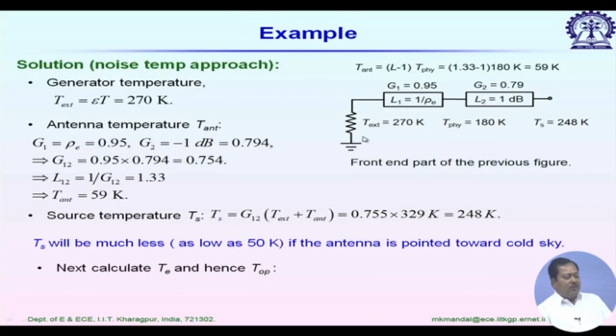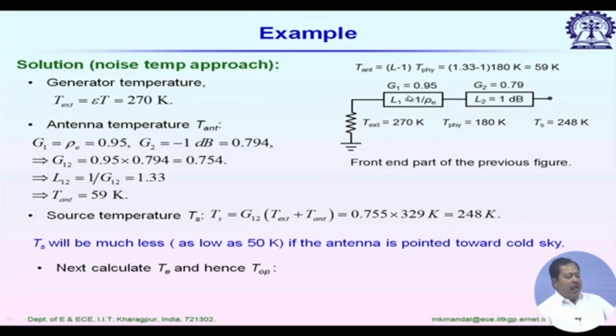Now how to calculate T external? T external is simply epsilon into T physical. So the temperature of the earth surface is given as 300 Kelvin, put epsilon 0.9, T external becomes 270 Kelvin. We are using the temperature approach.